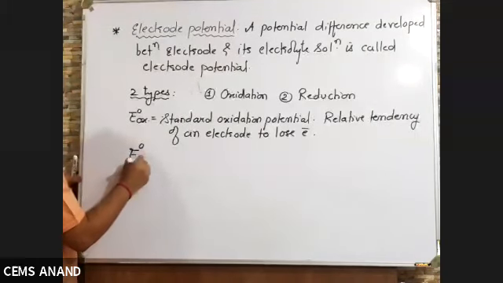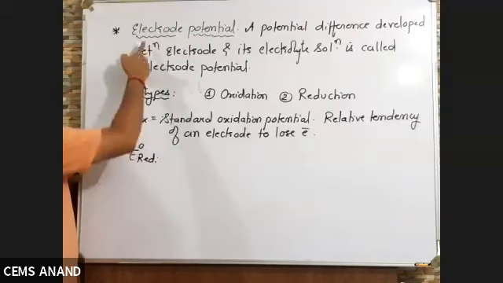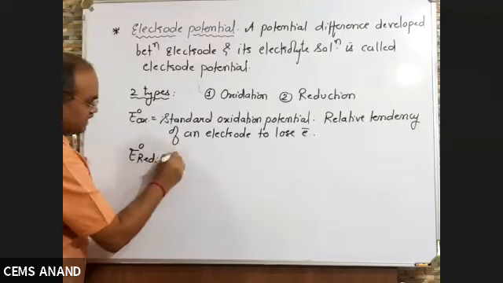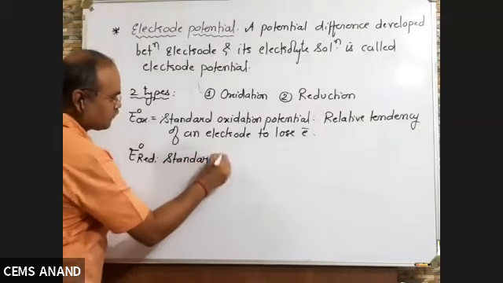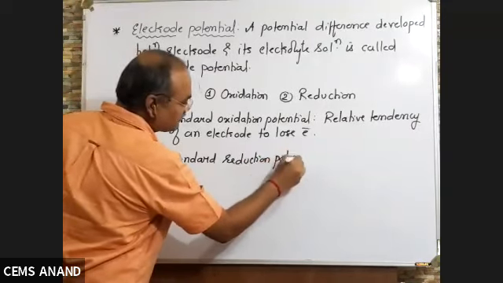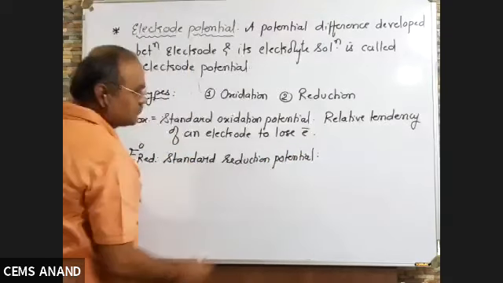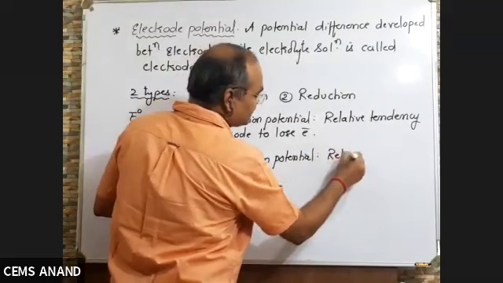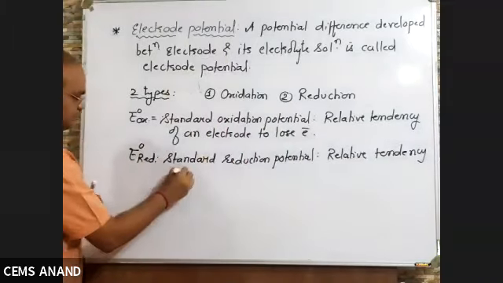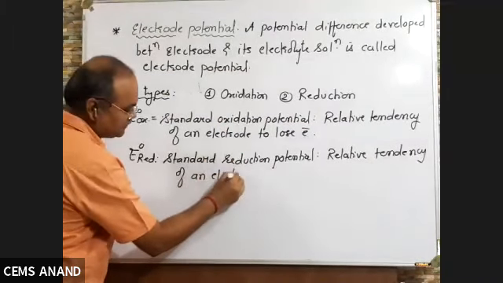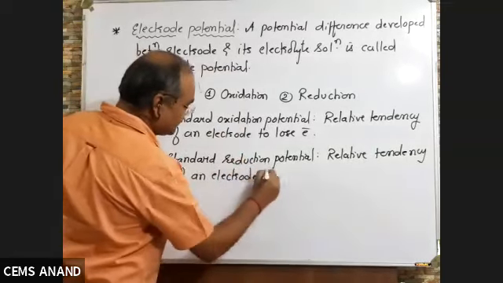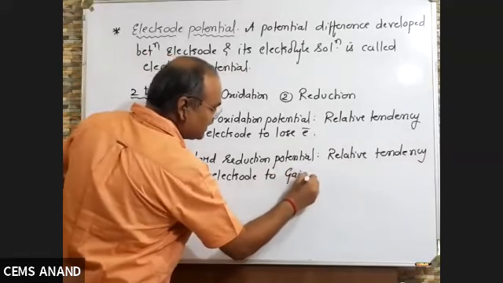Second is E0 red. E0 red means it is electrode potential, but reduction electrode potential. But whenever I used to write 0, 0 means standard reduction potential. Here same way, relative tendency of an electrode. We know reduction means to gain electron. So relative tendency of an electrode to gain electron.